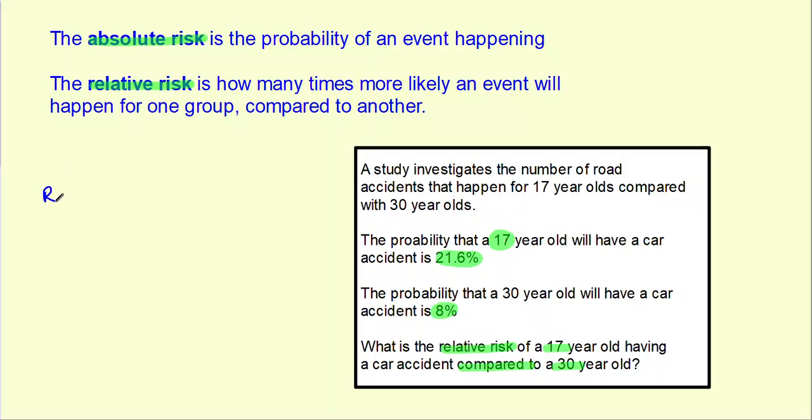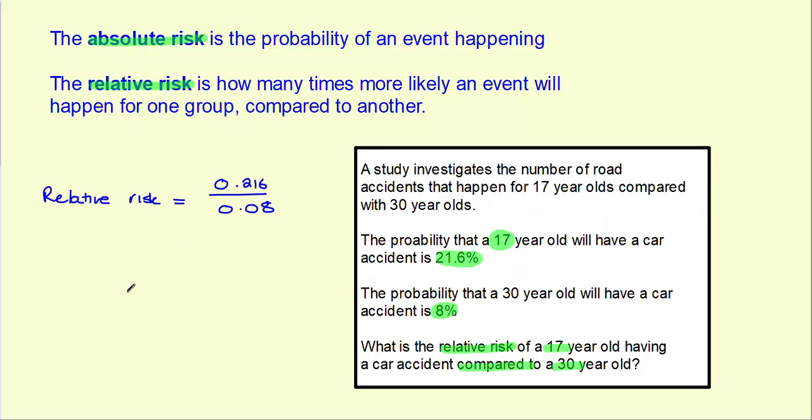So the relative risk is equal to the percentage that you are, so 0.216, we can write that as, divided by 0.08.